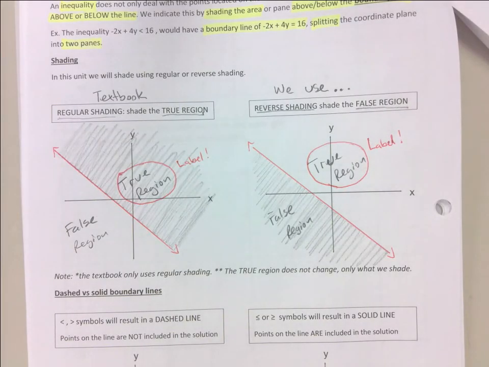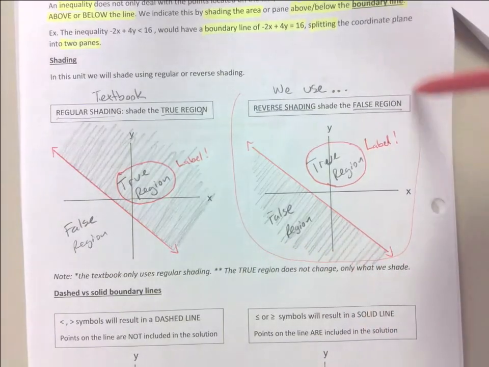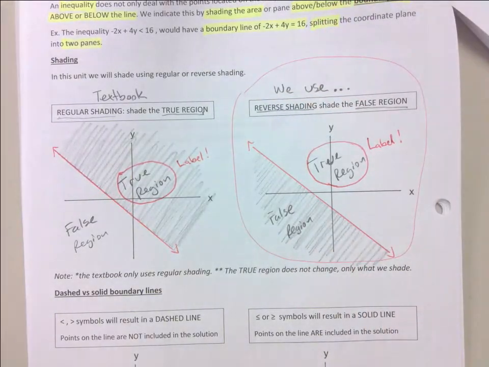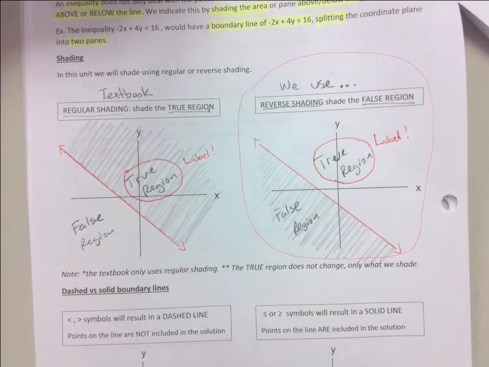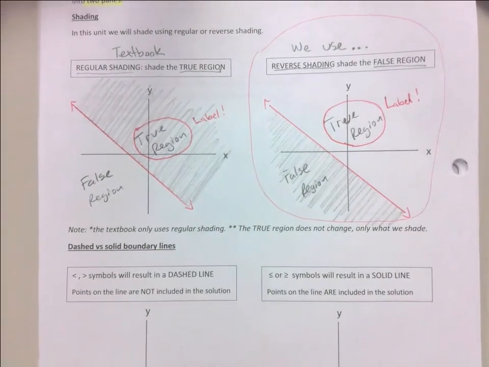Let's say you're a rebel, you're like, Mr. Dixon, I don't care what you do, I want to do regular shading. You go to town, as long as you label the true region, okay? But this is what we will use, so we will focus on this one right here. And again, if you label, you're fine using either technique. Okay? Moving on.